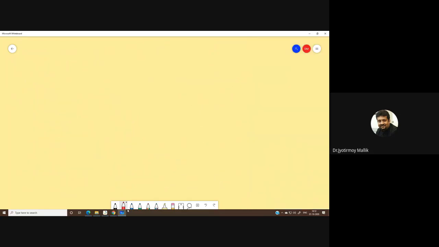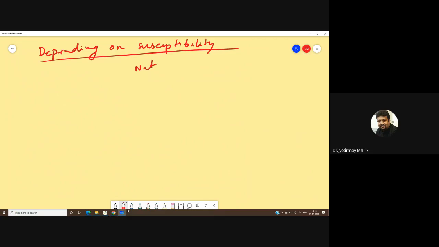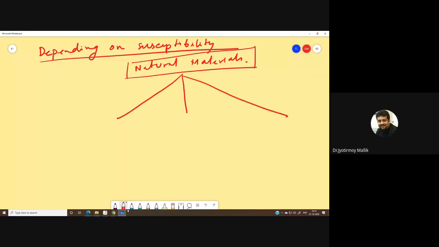Now, depending on susceptibility, natural materials, which include rocks and minerals, can be broadly subdivided into three categories, and I'm sure you know about them.